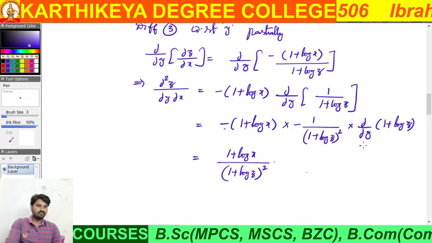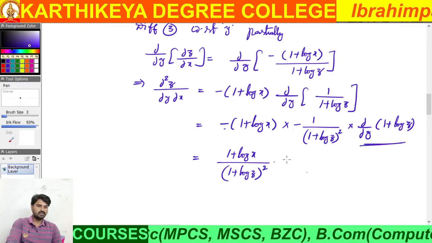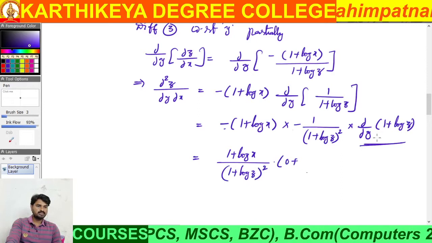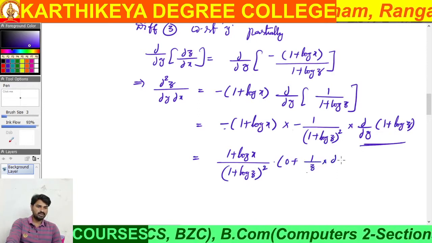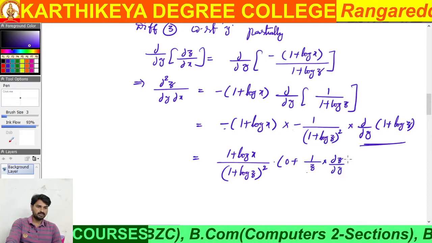into the derivative of 1 plus log z. The derivative of 1 is 0, plus the derivative of log z is 1 by z, again the derivative of z with respect to y.